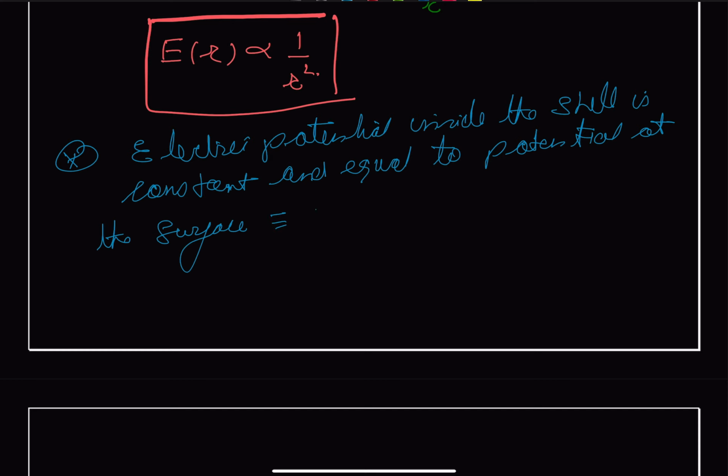So from here we can write our V of R will be equal to k Q upon R, under the condition that small r is less than or equal to capital R.